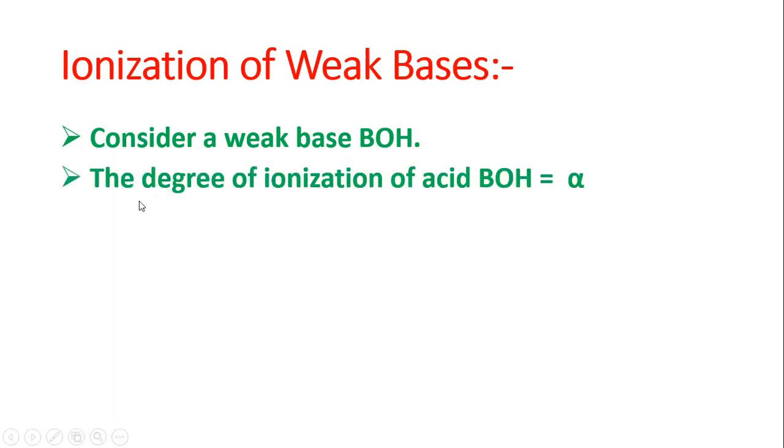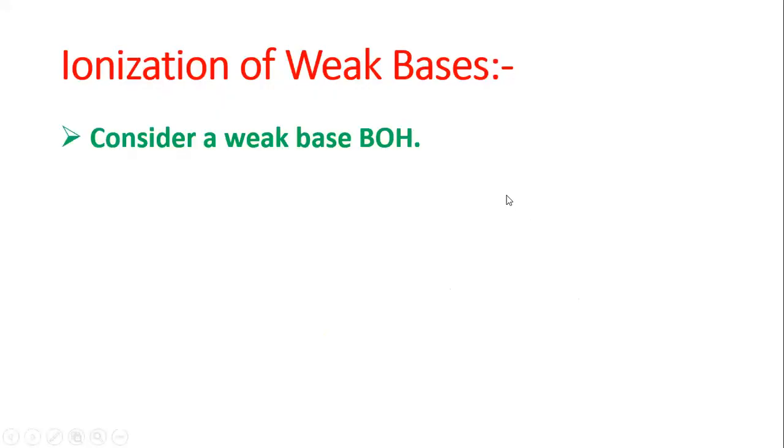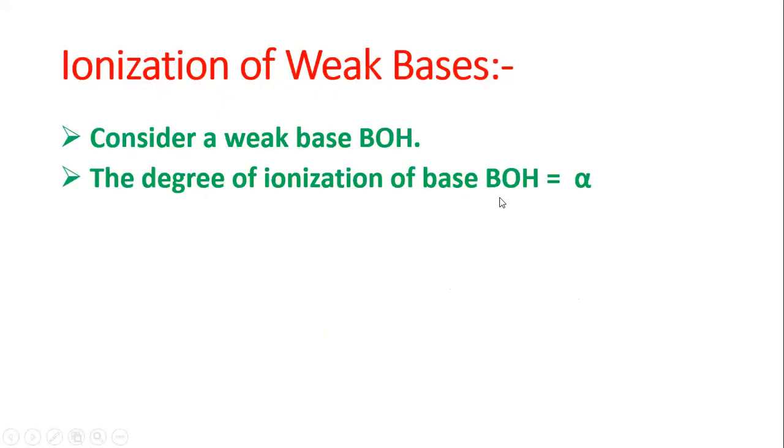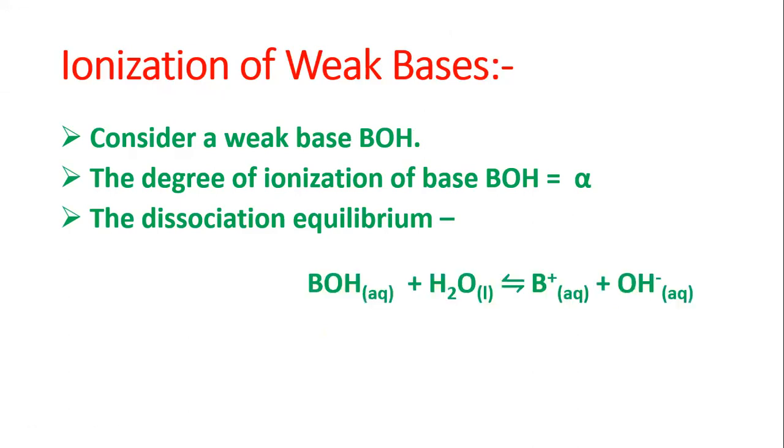Now again, consider the degree of ionization of the base BOH to be equal to alpha. So the degree of ionization of the base BOH is alpha. Hence the dissociation equilibrium or the ionization equilibrium for the base BOH can be represented like this.